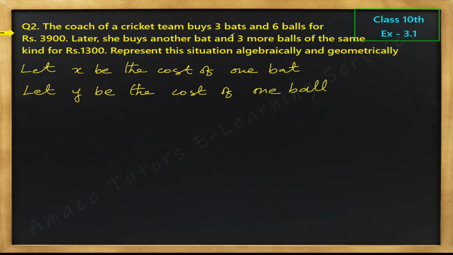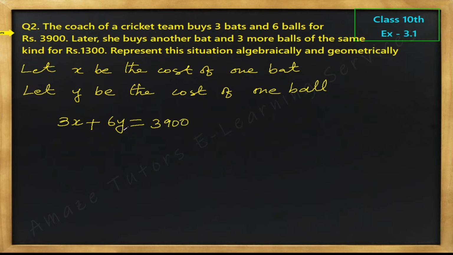Now let's use the first sentence to form the first equation. 3 bats and 6 balls. So 3x, 3 bats, plus 6 balls, 6y is equal to how much? 3900.